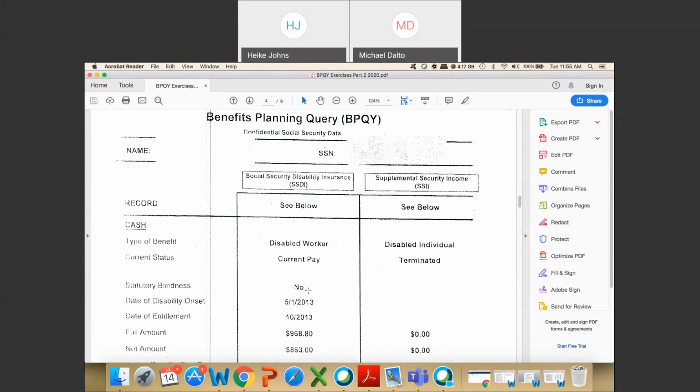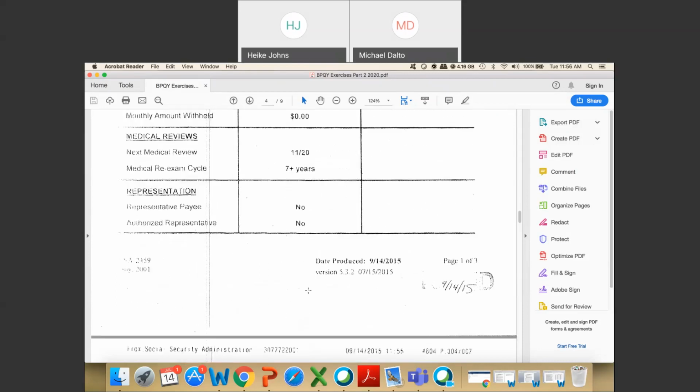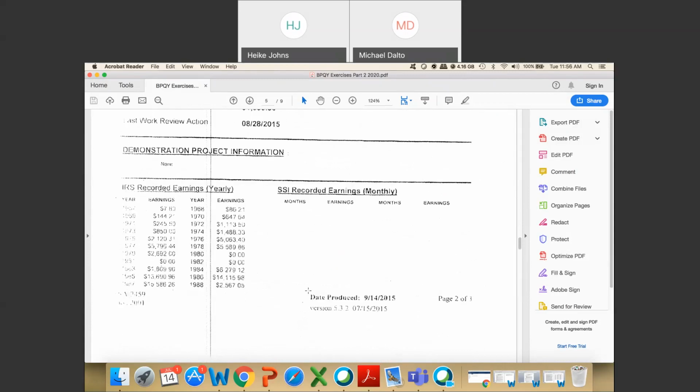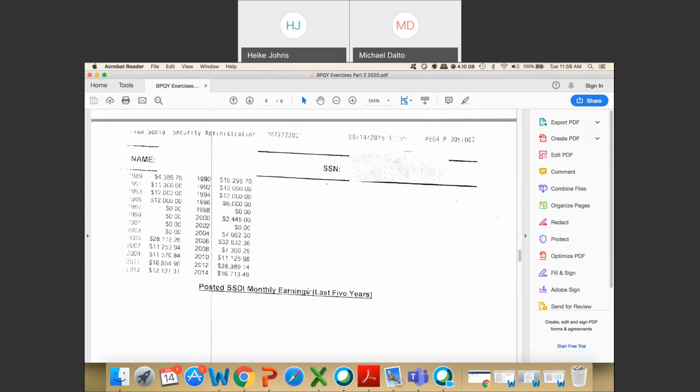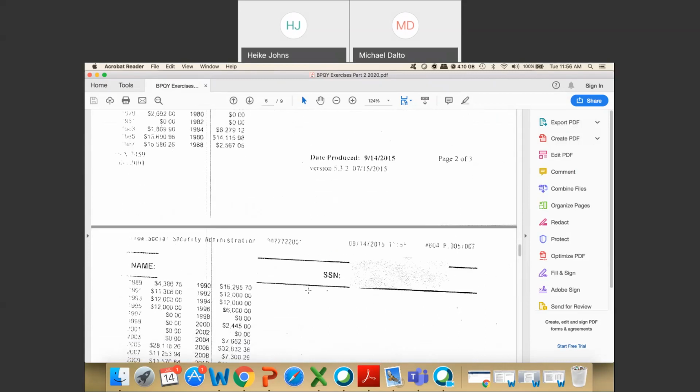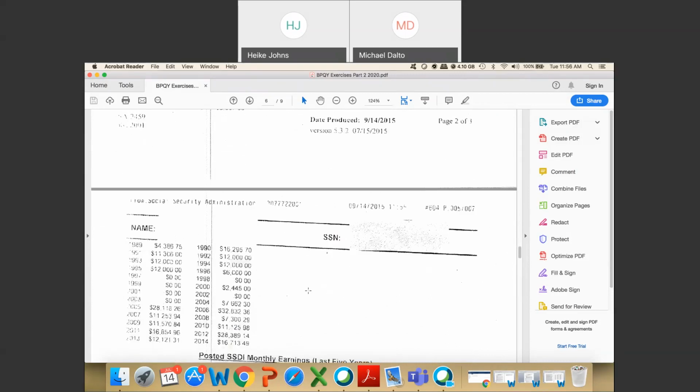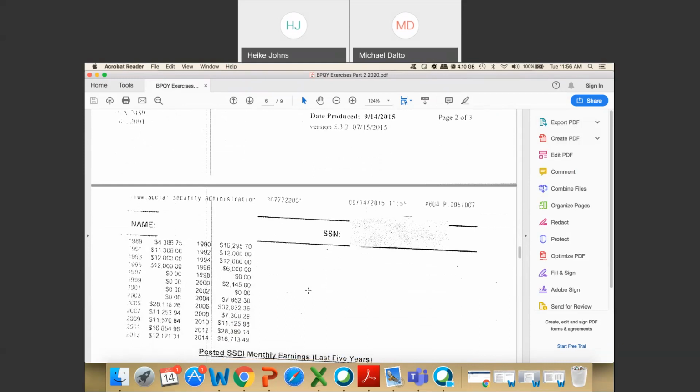If you used your tools correctly, you should have concluded that there were earnings that had not been reported because there were no posted SSDI monthly earnings appearing, but there were IRS recorded earnings for 2013 and 2014.